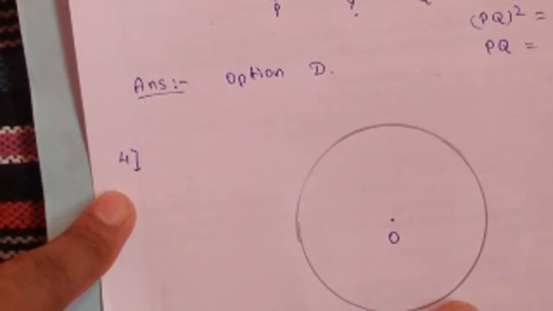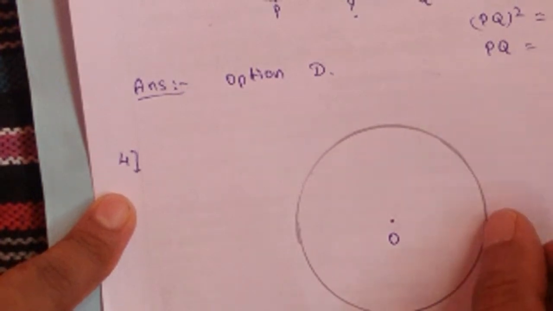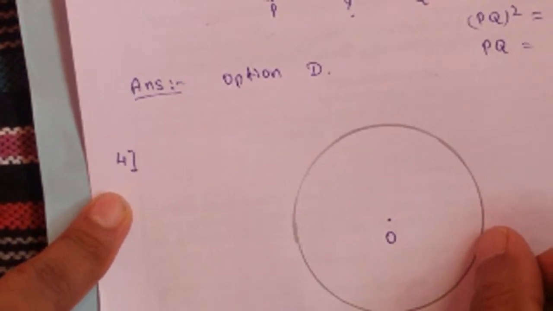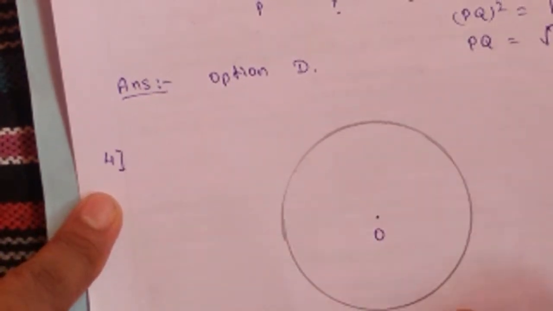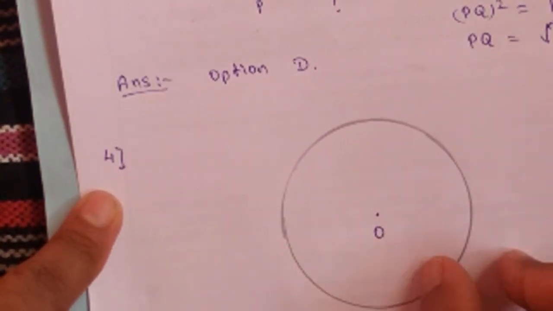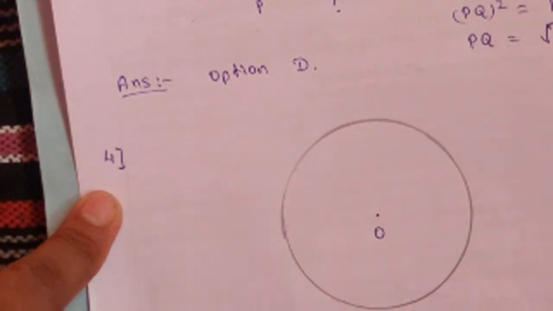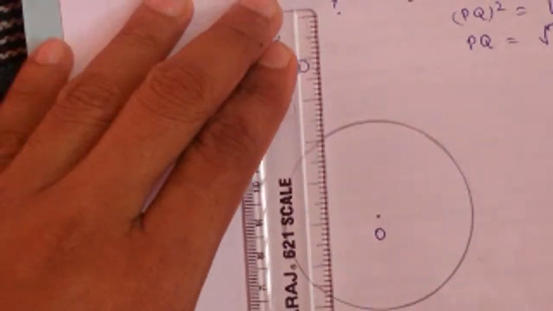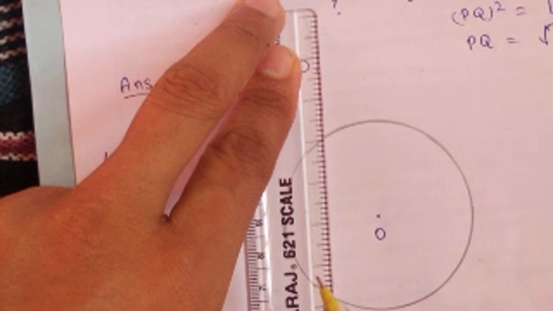If you want to draw a tangent, then we have to go through a single point. If you want to draw a secant, then we have to pass that line through two distinct points, and the two lines are parallel to a given line. If we draw a line here, it becomes a secant.